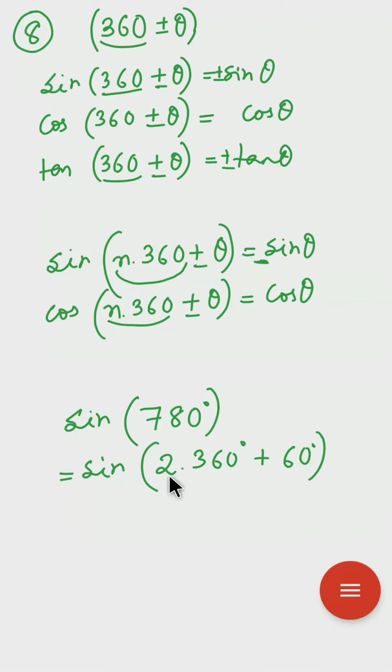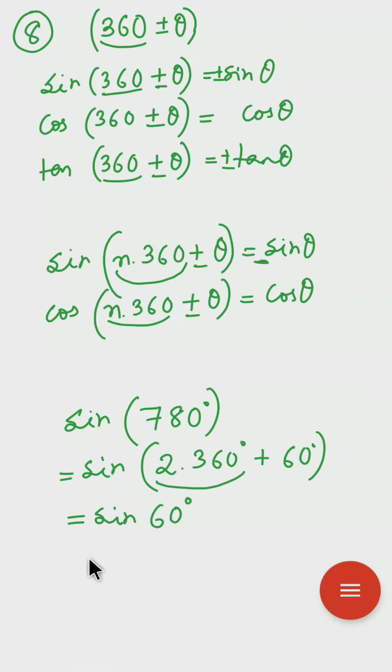So it is a multiple of 360 degree and 60 degrees. That is 780 degrees. So this is equal to, by this formula, we can completely neglect the multiple of 360 degrees, and this can be written as sine of 60 degrees.